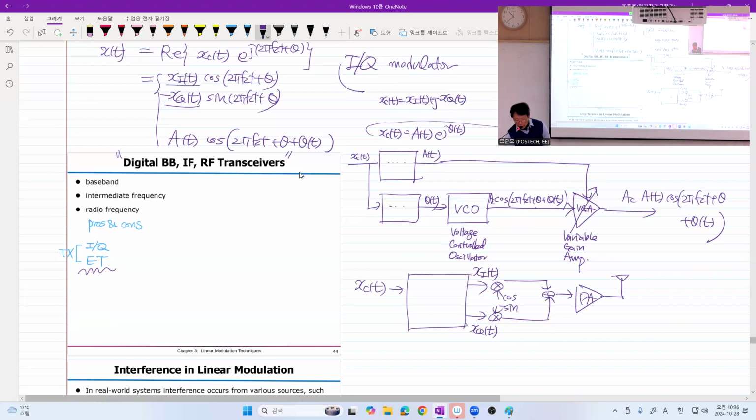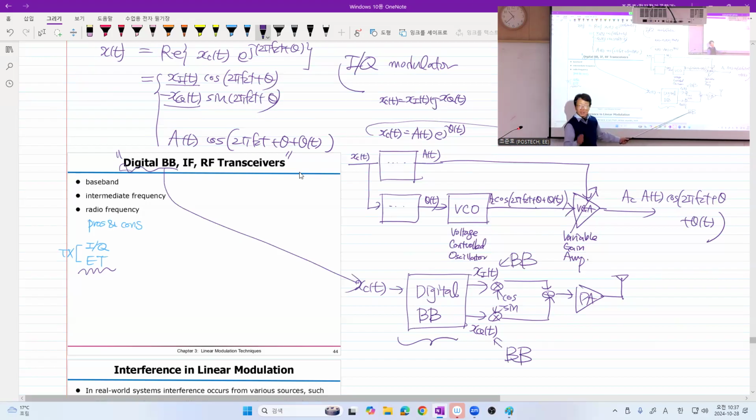And if this part is digital, then this part is called the digital baseband modem. Okay, so this is done in the digital domain, and these are all analog RF circuits. And this is called digital baseband because these are baseband signals. Got it? The output of the digital part is baseband. That's why it is called a digital baseband transmitter.